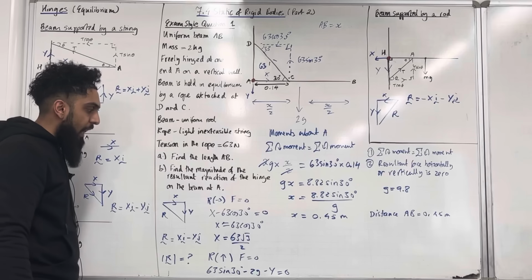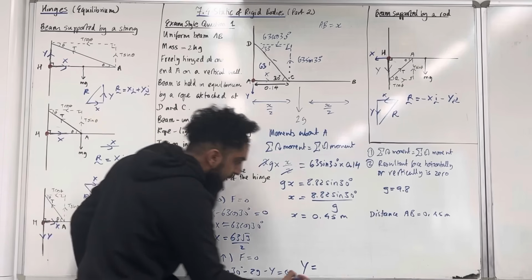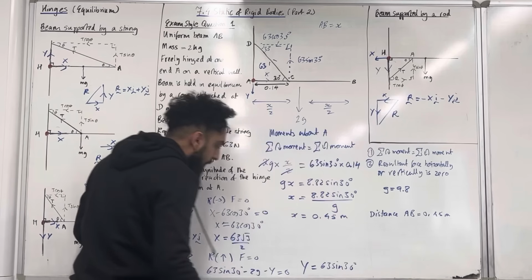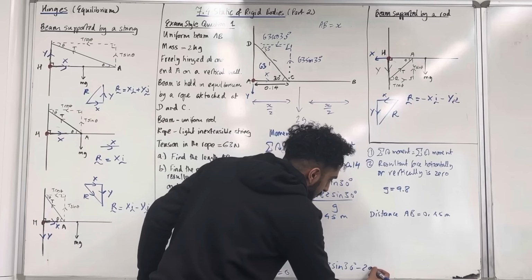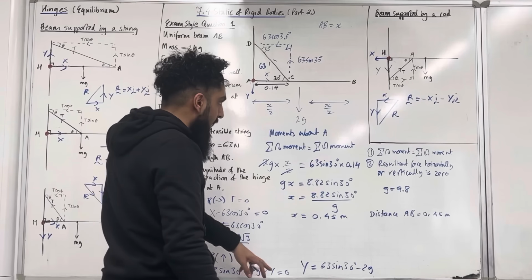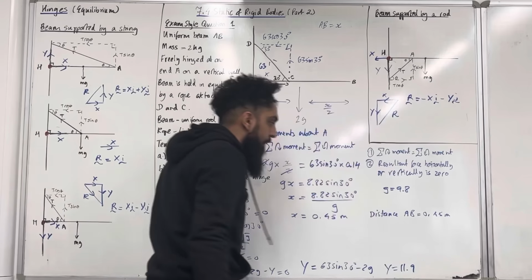Okay, so now we can make y the subject. So y is equal to 63 sine 30 minus 2g, where g is equal to 9.8. Putting this into our calculator, we get y equal to 11.9.